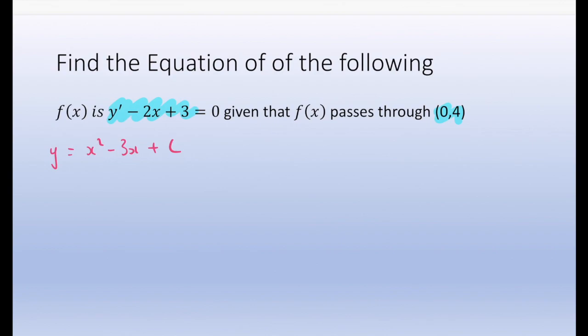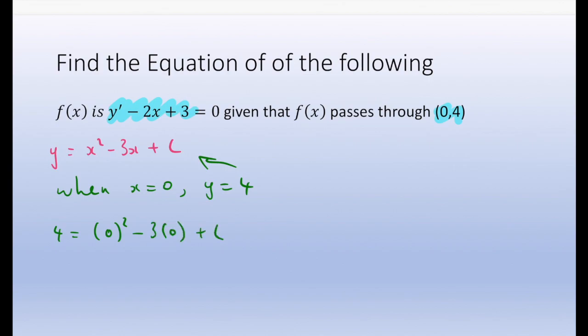So when x equals 0, y equals 4. So I can substitute that into this guy here. So 4, and then this is going to be easy because 0 plus c. Therefore, c equals 4. So it's just like motion where you're finding the plus c. Therefore, we've got this as equal to x squared minus 3x. And we actually know what the c is. The c is 4, plus 4.